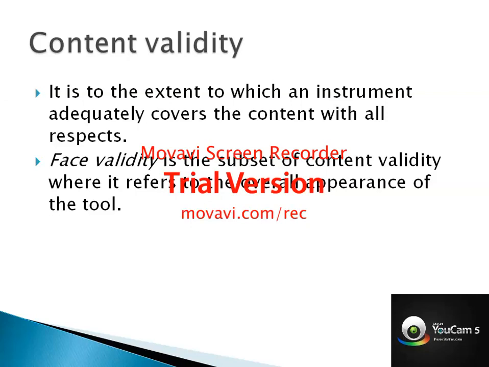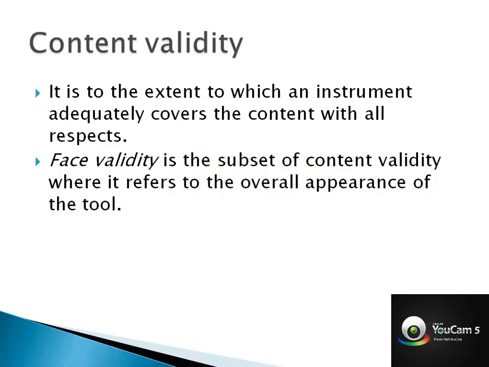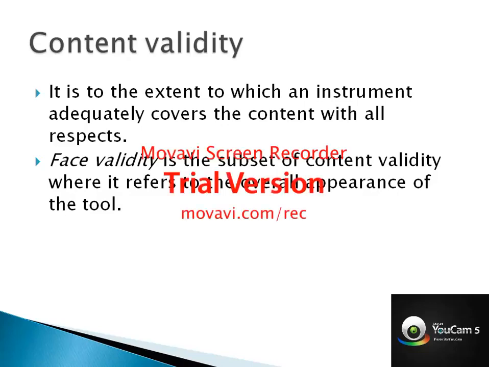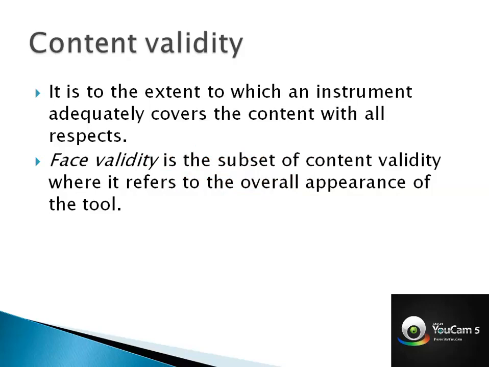Inside content validity, there is a subset called face validity. In some books, face validity is given as a separate type of validity. Face validity is nothing but the overall appearance of the data collection tool. Content validity means the content inside a data collection tool should cover the overall topic related to the research.